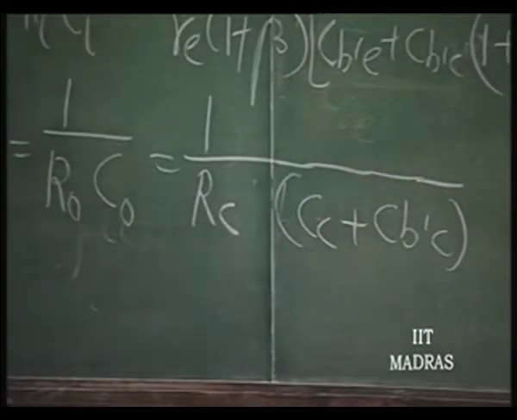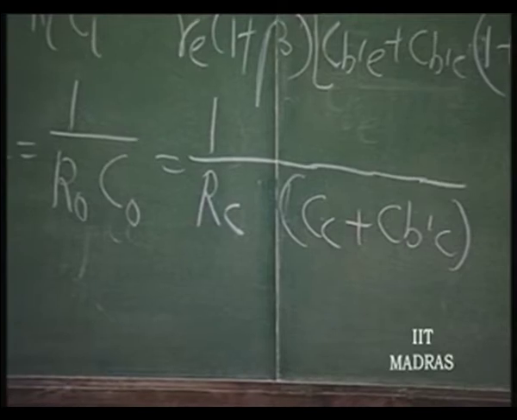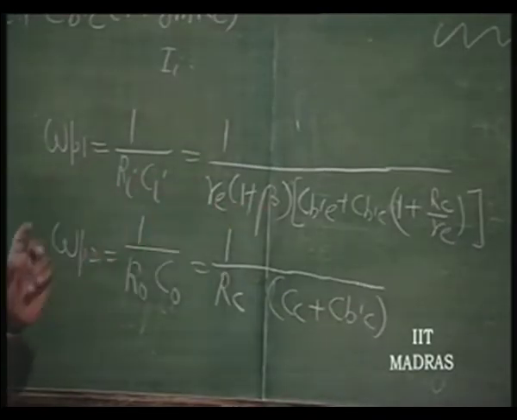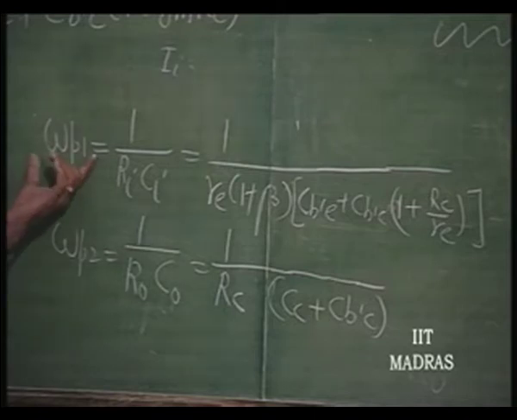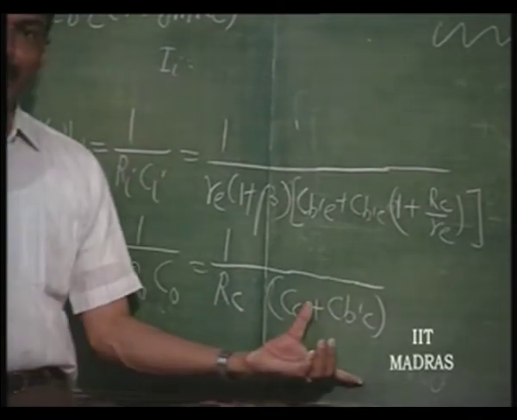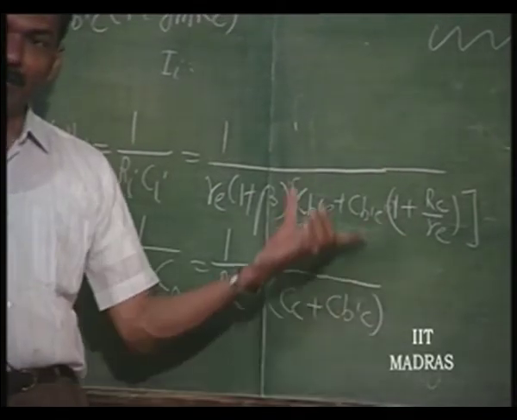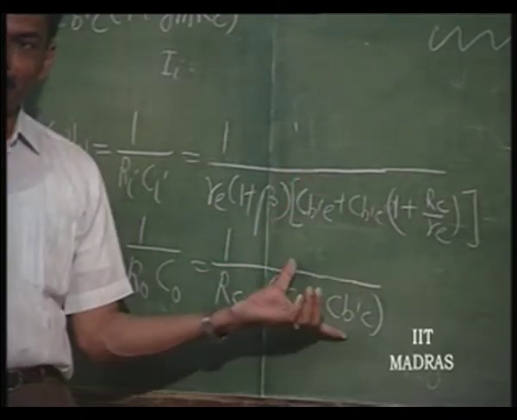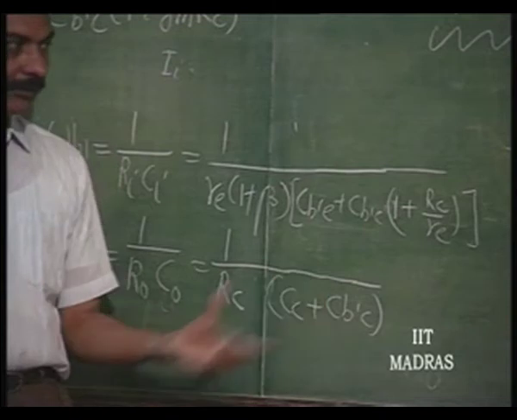You can see, therefore, that if R C is of the same order as R E into beta plus 1, normally omega p 1 becomes the dominant pole, because this capacitor is going to be very huge compared to this capacitor. So, it is normally the input time constant which fixes up the dominant pole in a common emitter amplifier.